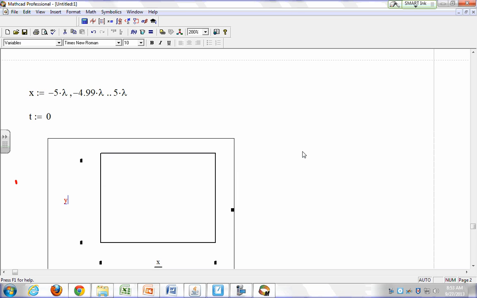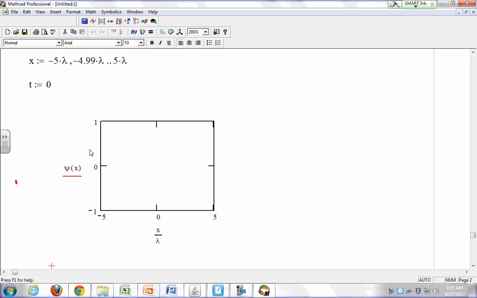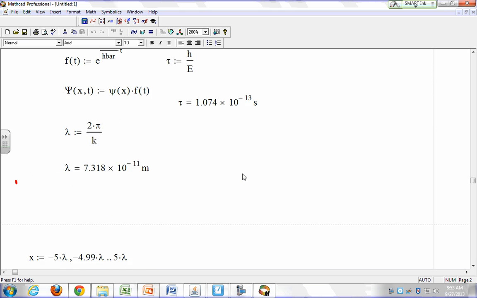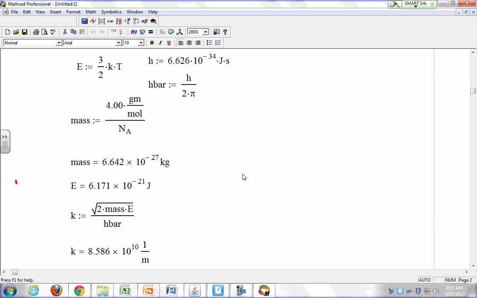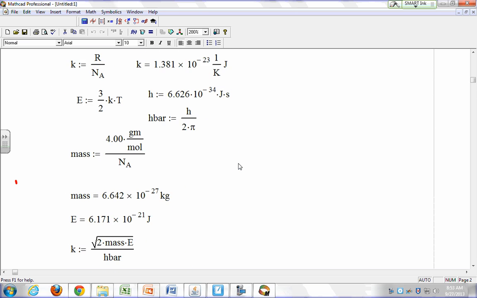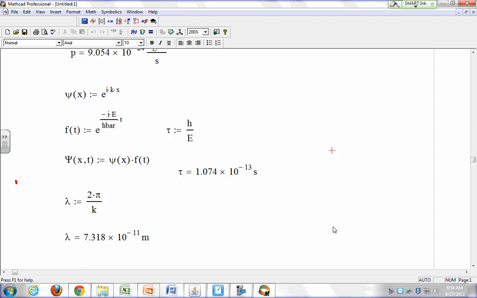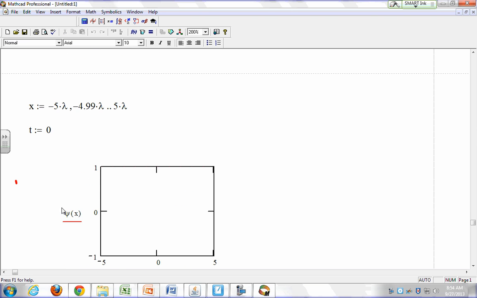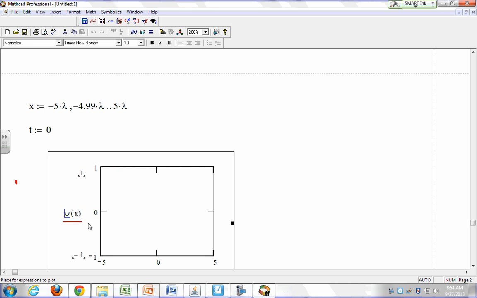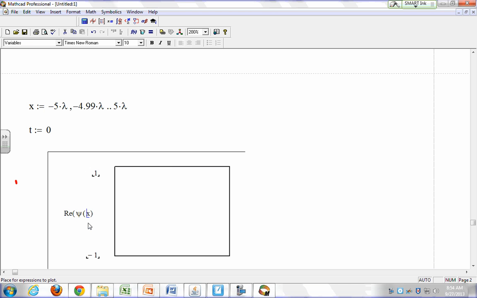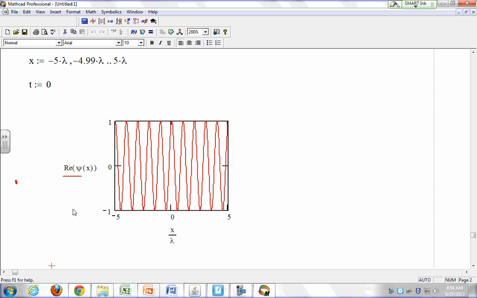Let's just do little psi first. Little psi of x, and I don't see anything. Little psi is a complex number, right? It is e to the ikx. So I can plot the real part and the imaginary part. So let's plot the real part. The real part of psi of x, and you can see it's better.